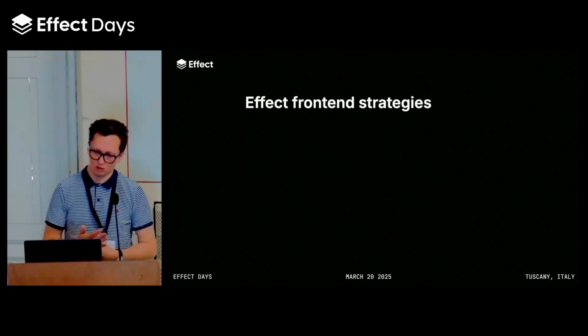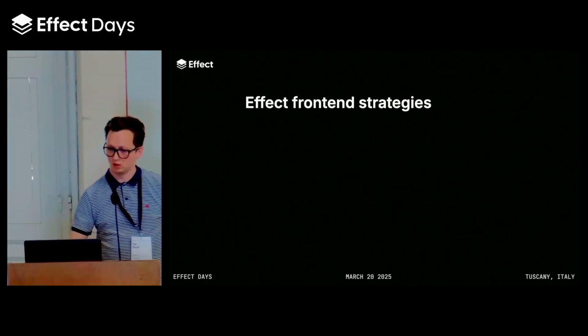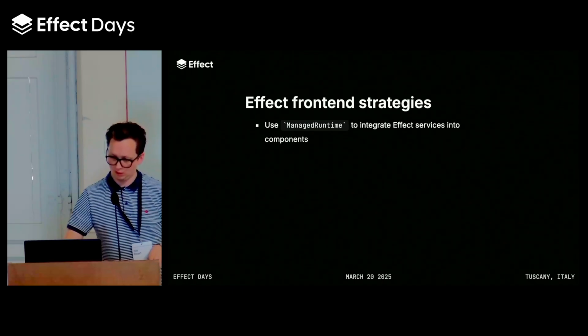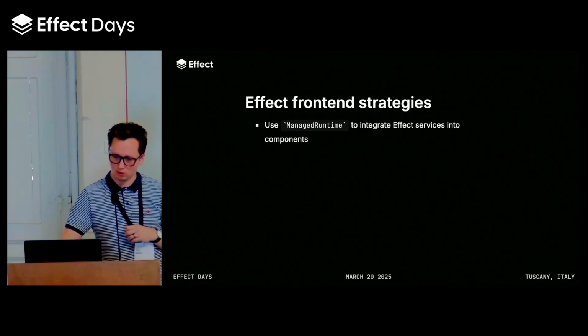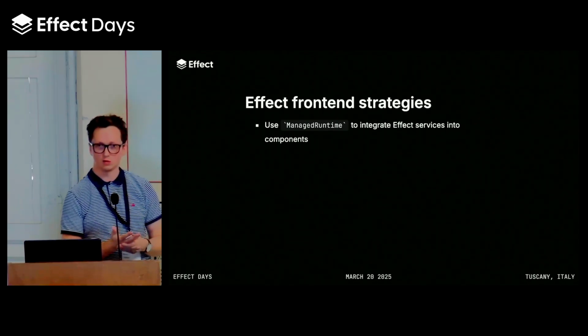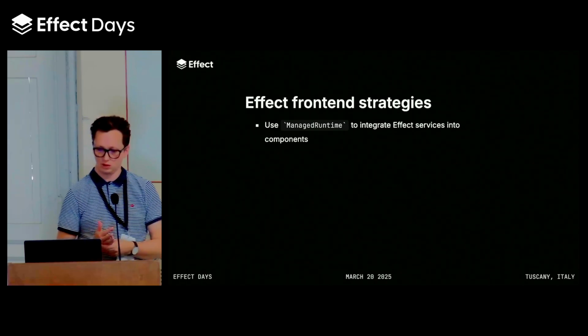So I'm just going to give a few strategies here of how you can run effects in React. Probably the main one, which this will all revolve around today, is using a managed runtime. What a managed runtime allows you to do is take a layer and turn it into a runtime that you can use to run effects that use those services.